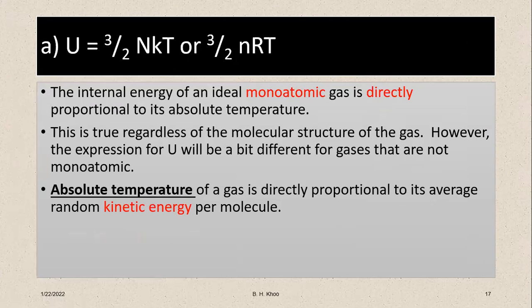It's all in your book. Remember, this is for monoatomic, that's all. Monatomic means only U, but diatomic and polyatomic are a different case. You just have to multiply by F, the number of degrees of freedom.